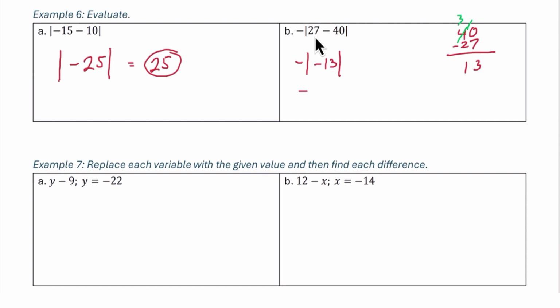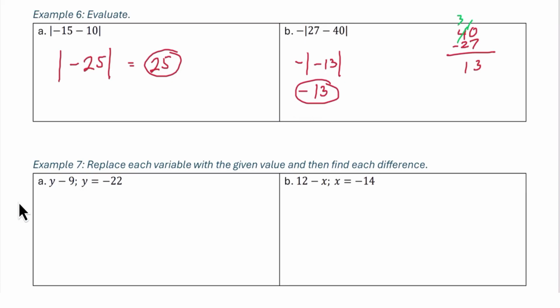We now have negative 13. The negative 13 inside the absolute value bars becomes positive, but the negative on the outside stays there. So we have negative 13 in the end.